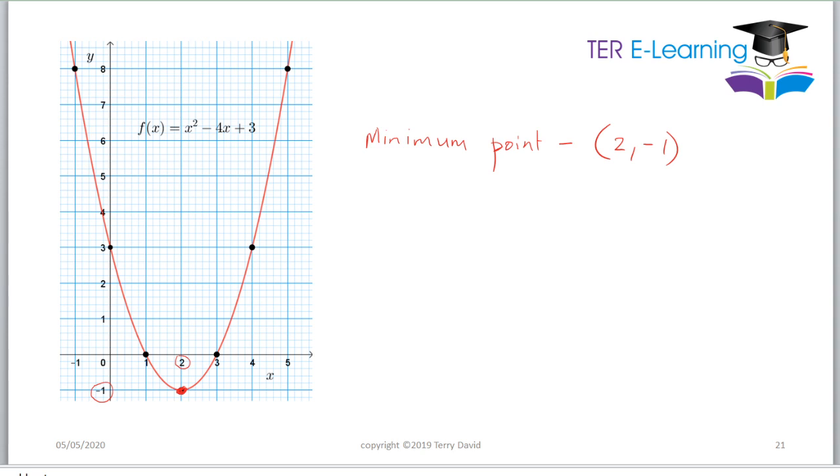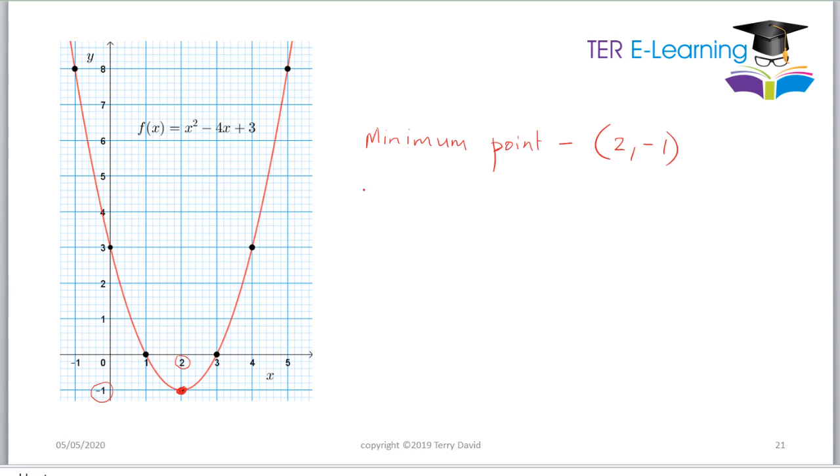And the minimum point is given as (2, -1). So that is one question they can ask you.